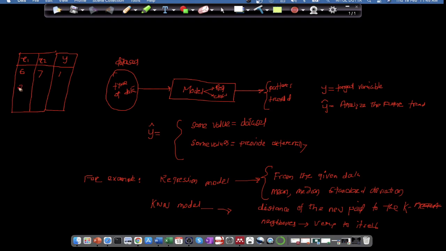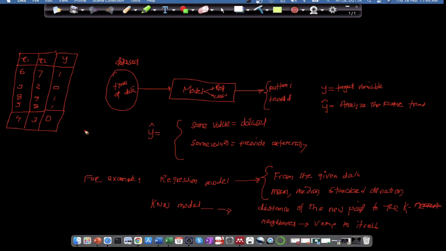If it is 3 and 2, then it is 0. If it is 8 and 9, then it is 1. If it is 5 and 8, then it is also 1. Let us take a few more points, say 4 and 3, this is 0. It's a binary classification problem where there are classes 1 and 0.